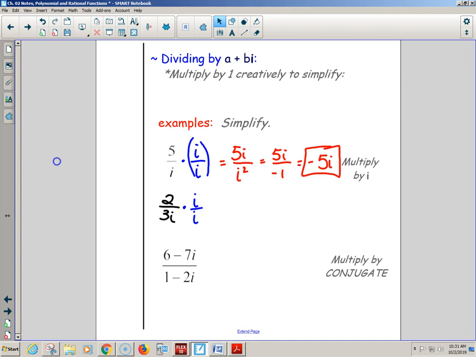Same thing here. What happens if you just multiply by what the problem is? Isn't the problem just that i in the denominator? Why? Still 1. Am I allowed to multiply stuff by 1? It stays the same. Changes forms, but keeps the same value. Let's check it. Isn't that going to be a 2i over 3i squared?